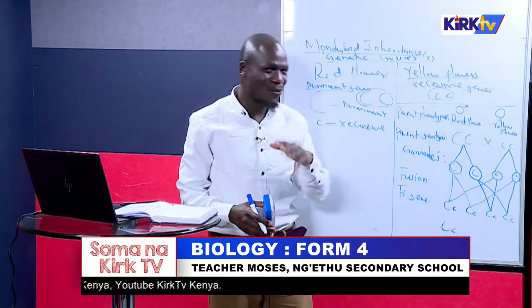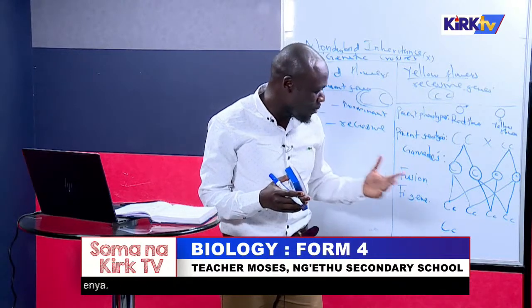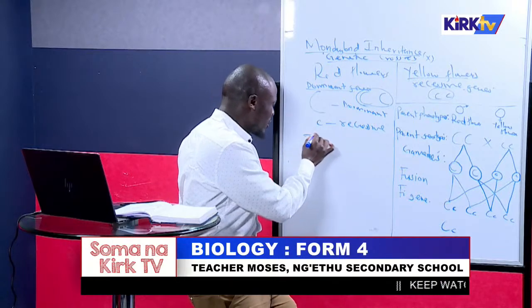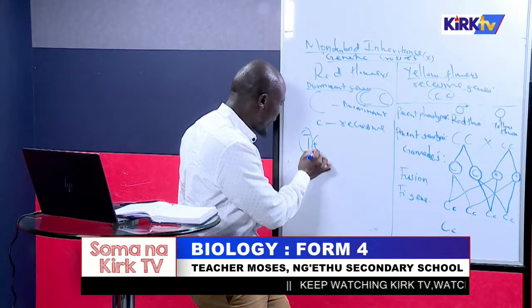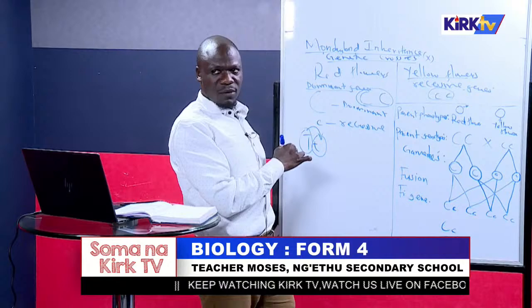When we have a dominant and a recessive, just the same case, if I have capital T, small t, this one is dominant while this one is recessive. Remember, this one will suppress the other one.